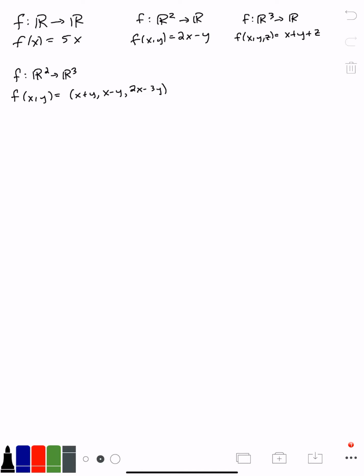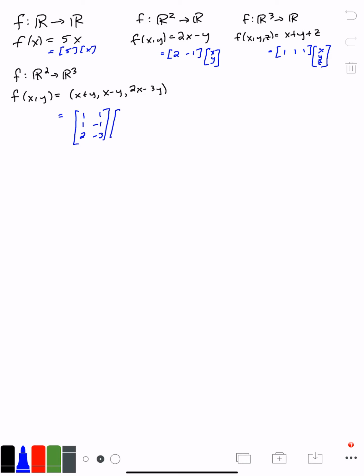But I want to kind of show you something. In each of these cases, we can slightly rewrite it here. So that instead of just writing out a formula of what x and y and z are, what we can do is we can actually turn this into a matrix of coefficients, and if you just multiply that using matrix multiplication times the input vector, then you will get the output vector.